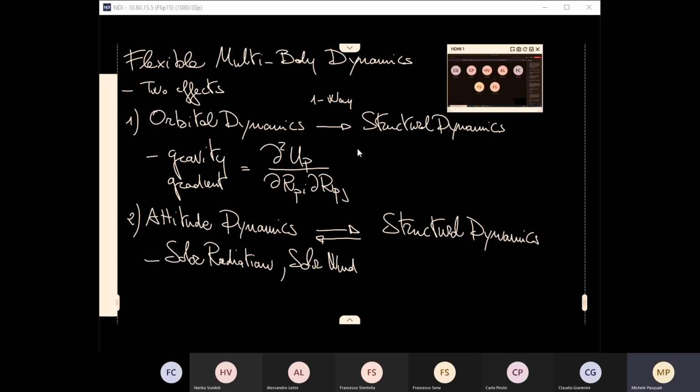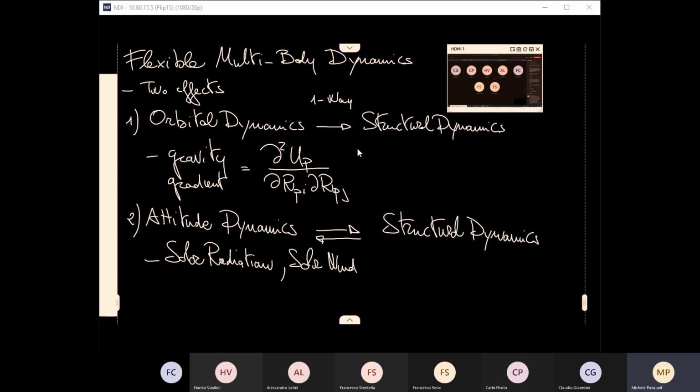I have two questions. One, when you say large, that is in reference to the... No, as I said, we are talking about a comparison, for example, in this case, between attitude dynamics and structural dynamics. So it's not in absolute terms. It's just in comparison the one to the other.